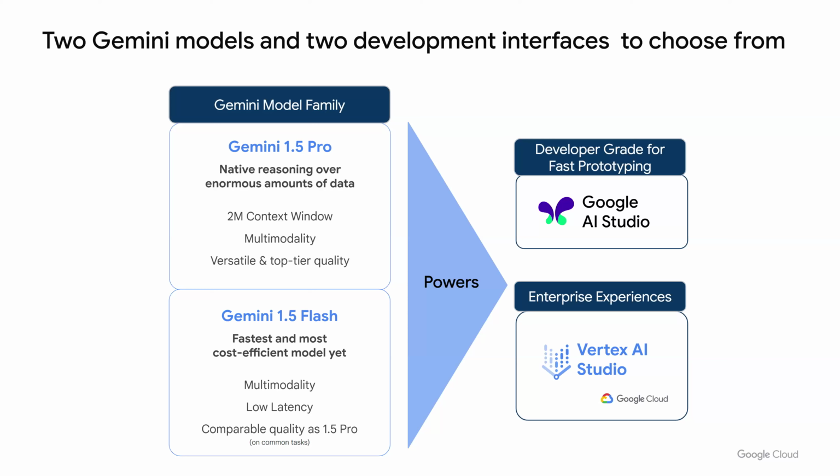And then we also have Vertex AI Studio, which is our enterprise platform. It's an end-to-end ML platform that provides services for building models, training models, large-scale deployment, and also MLOps afterwards. You do require a Google Cloud account to get started.